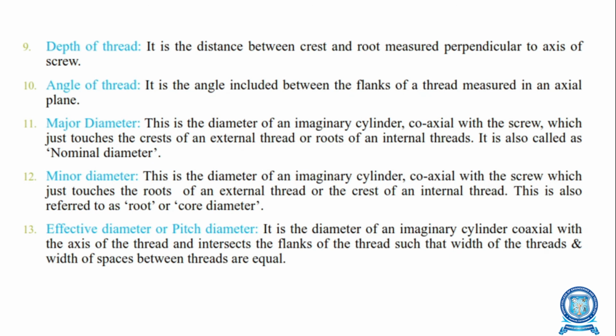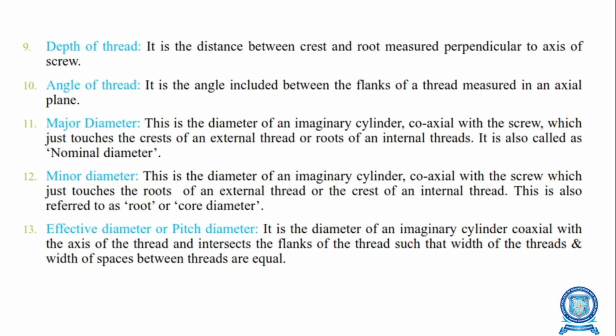It is also called the nominal diameter. Then what is meant by minor diameter? It is the diameter of an imaginary cylinder coaxial with a screw which just touches the roots of an external thread or the crest of an internal thread. This is also referred to as the root diameter or core diameter.